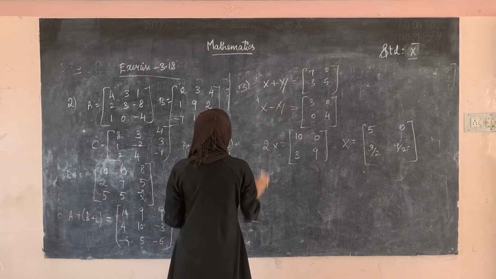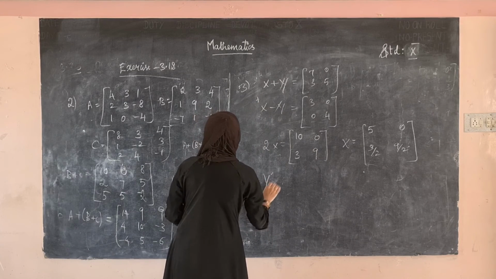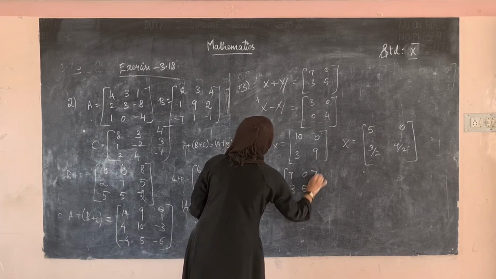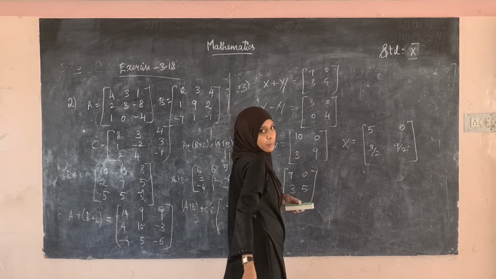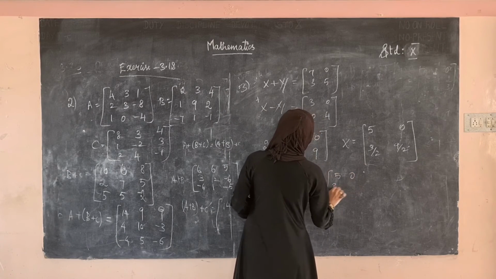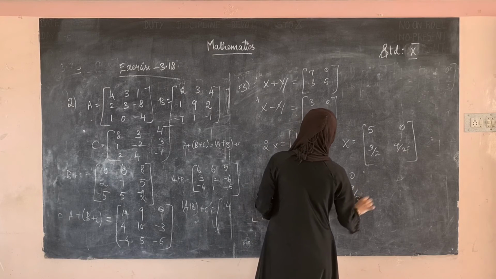For finding Y, in this first equation, Y is equal to 7, 0, 3, 5. Bring this X this side, it becomes minus X. Therefore, minus of 5, 0, 3 divided by 2 and 9 divided by 2.